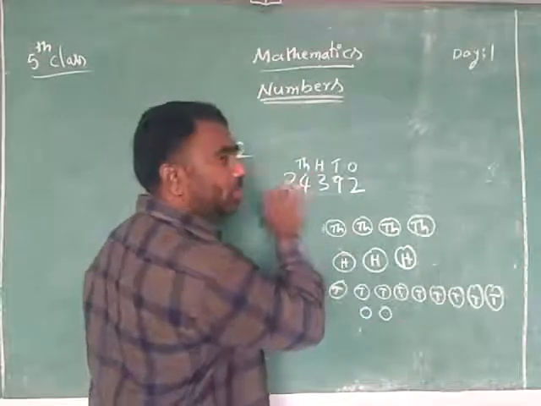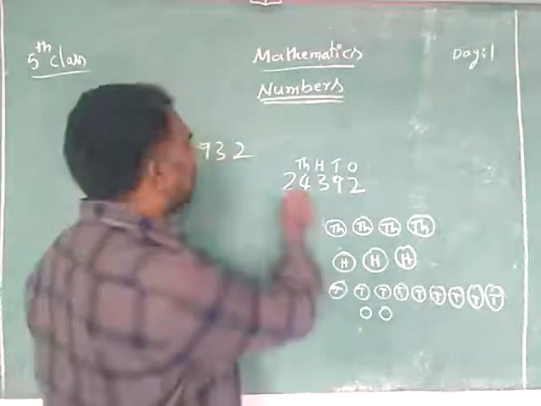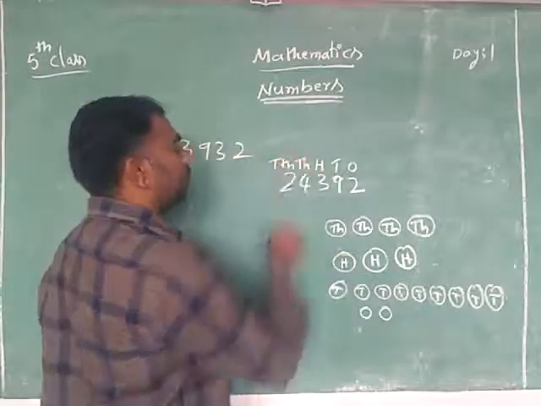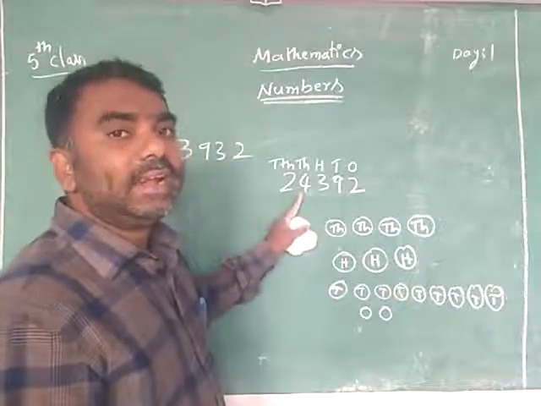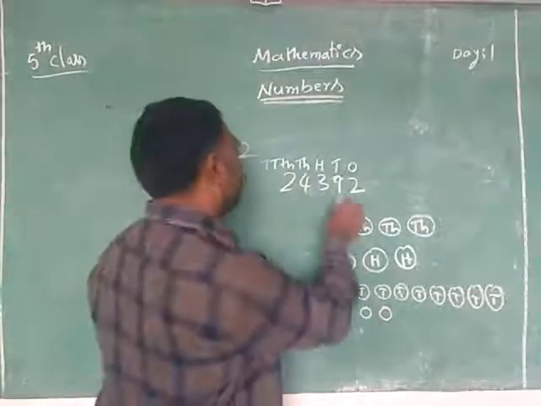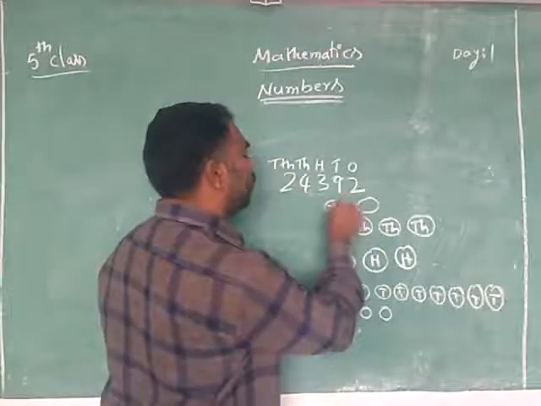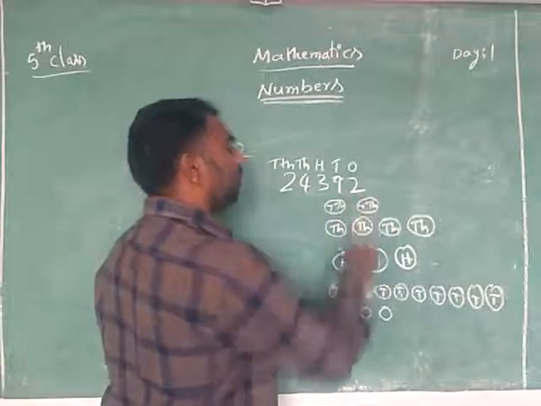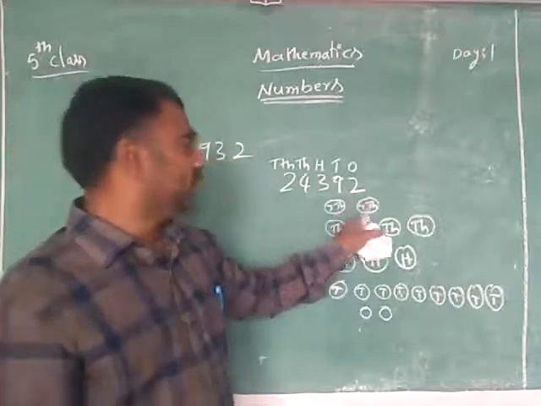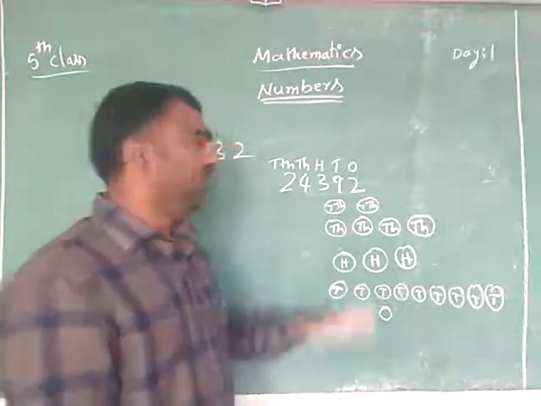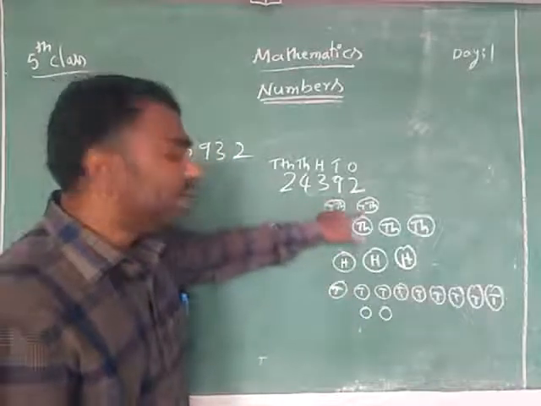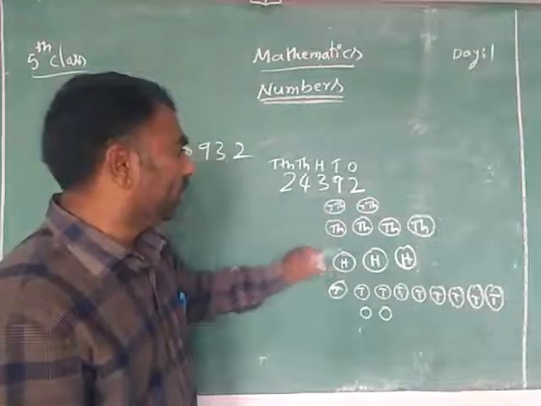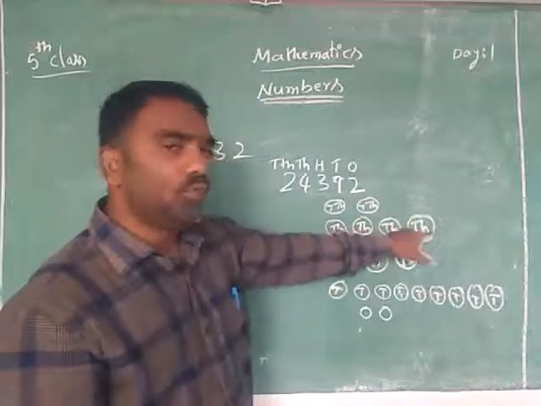And one more place is there too. This place is called 10,000. Here there are 2 packets, and in each packet 10,000 chocolates are there. So that's why it is 10,000 and 10,000, which is 20,000. And here 1, 2, 3, 4, which is 4,000.